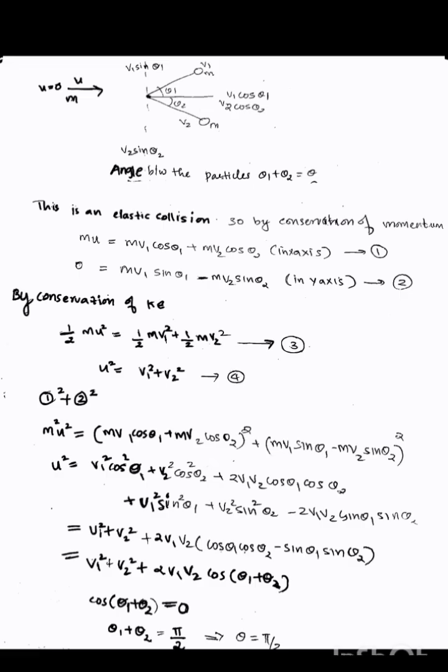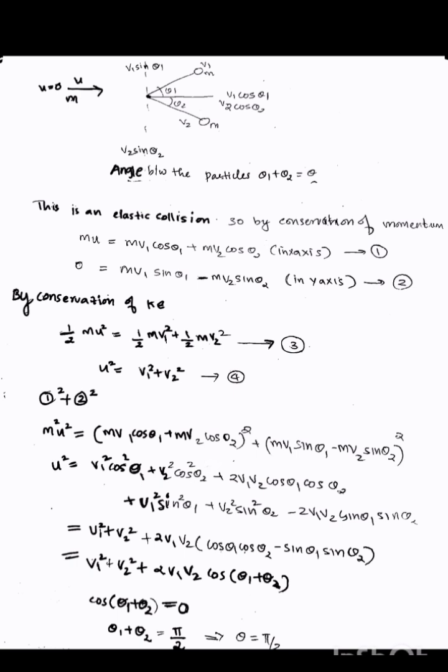That is u square is equal to v1 square cos square theta 1 plus v2 square cos square theta 2 plus 2v1 v2 cos theta 1 cos theta 2 plus v1 square sin square theta 1 plus v2 square sin square theta 2 minus 2v1 v2 sin theta 1 sin theta 2. This is equal to v1 square plus v2 square plus 2v1 v2 into cos theta 1 cos theta 2 minus sin theta 1 sin theta 2. This is equal to v1 square plus v2 square plus 2v1 v2 cos of theta 1 plus theta 2.